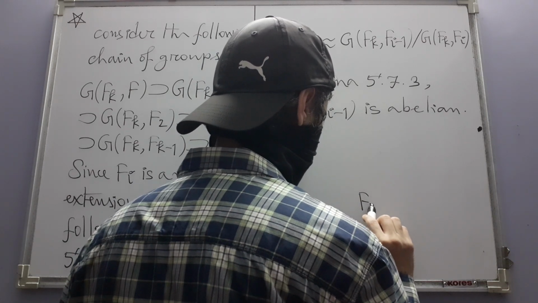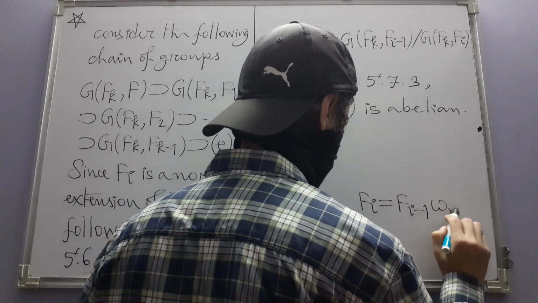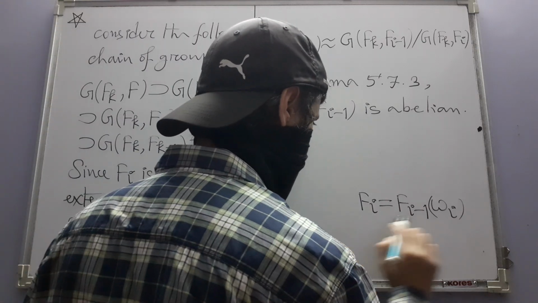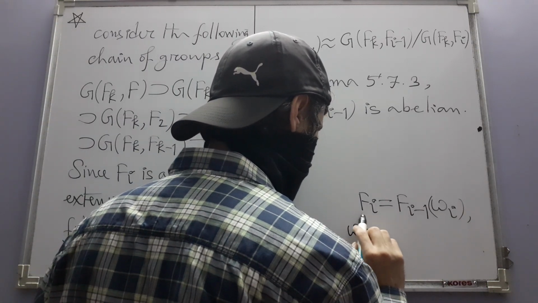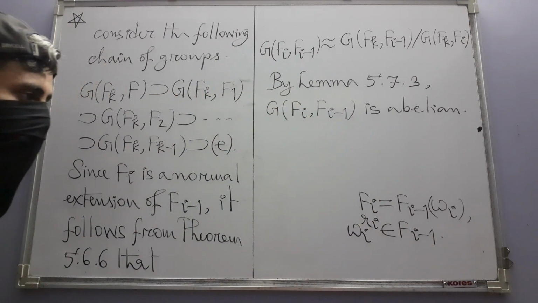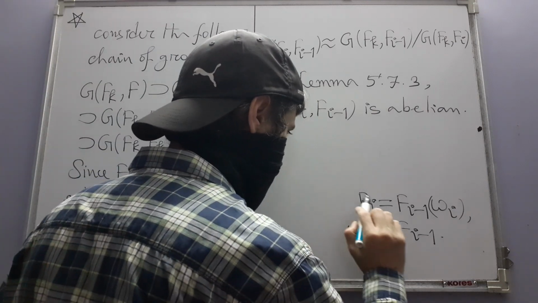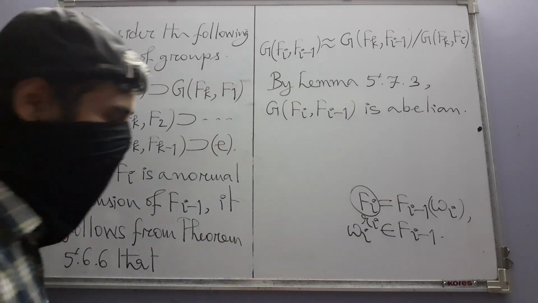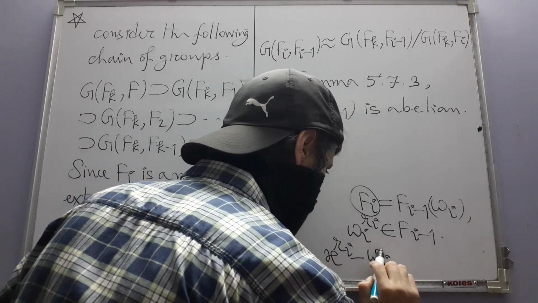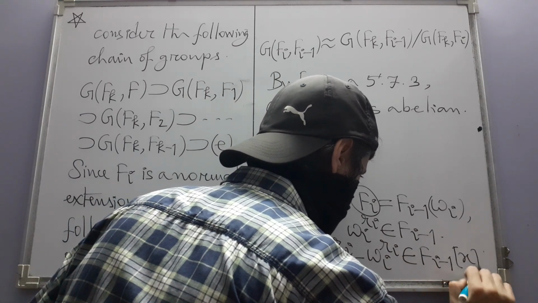We already know that Fi is obtained by adjoining omega i to Fi minus 1, right? Where omega i to the power ri belongs to Fi minus 1, and from the first part of this lemma, Fi becomes the splitting field of this polynomial over Fi minus 1.